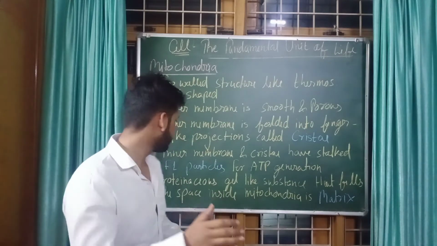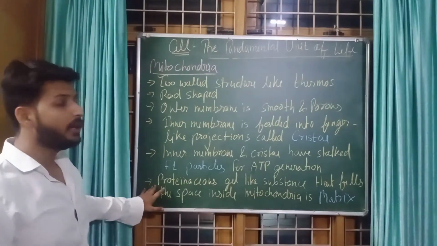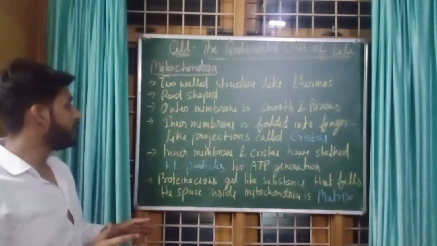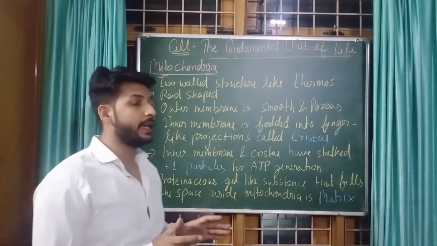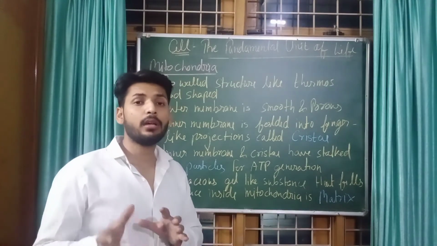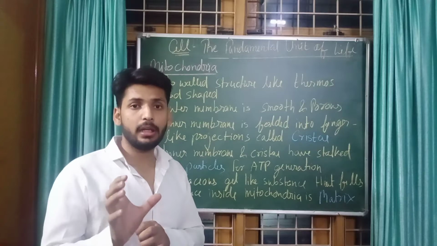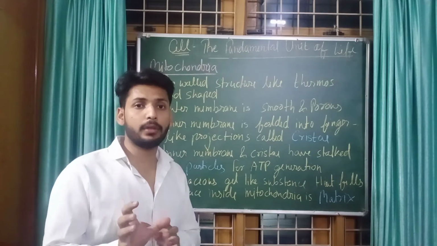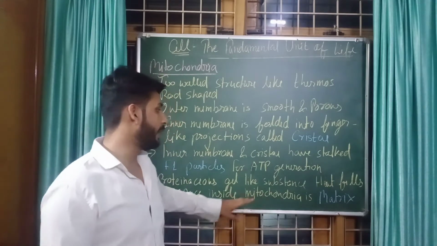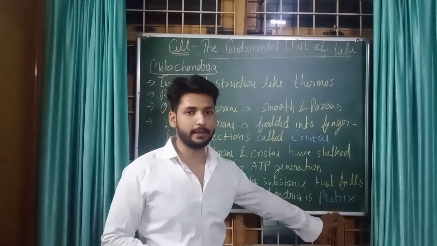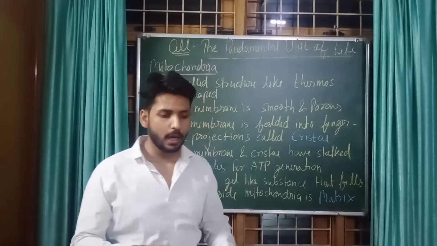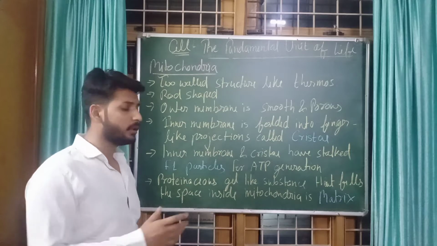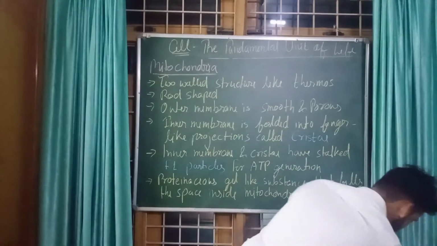Got it? Next, there is a proteinaceous gel-like substance that fills the inner space of the mitochondria, and it is known as the matrix. It is known as the matrix. Now let us see the shape of mitochondria.